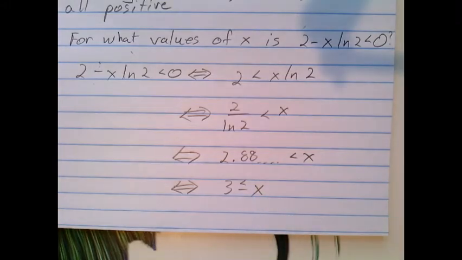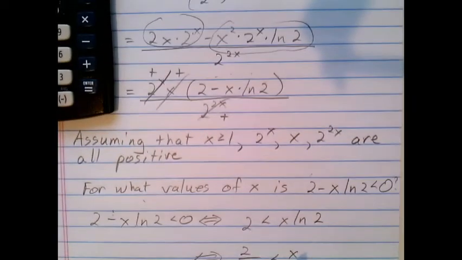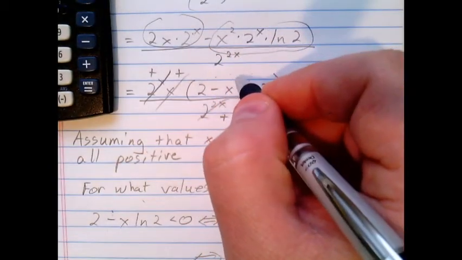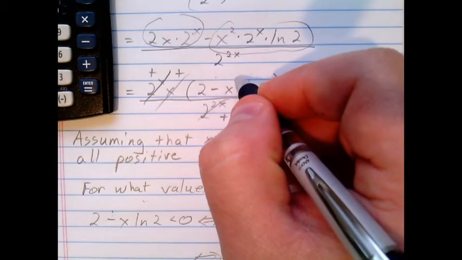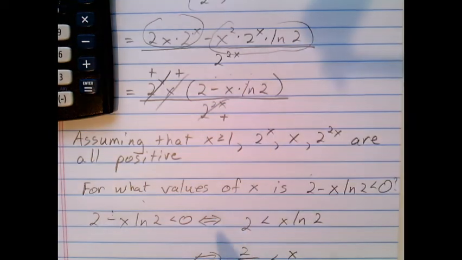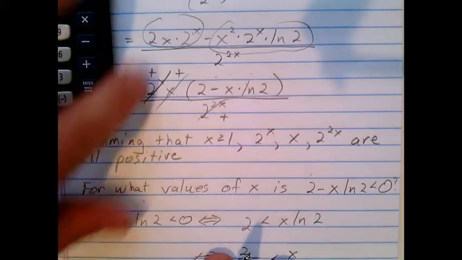But since everything else was positive, we can say that for x greater than or equal to 3, this factor is negative, which means the derivative is negative. Now we're in business.